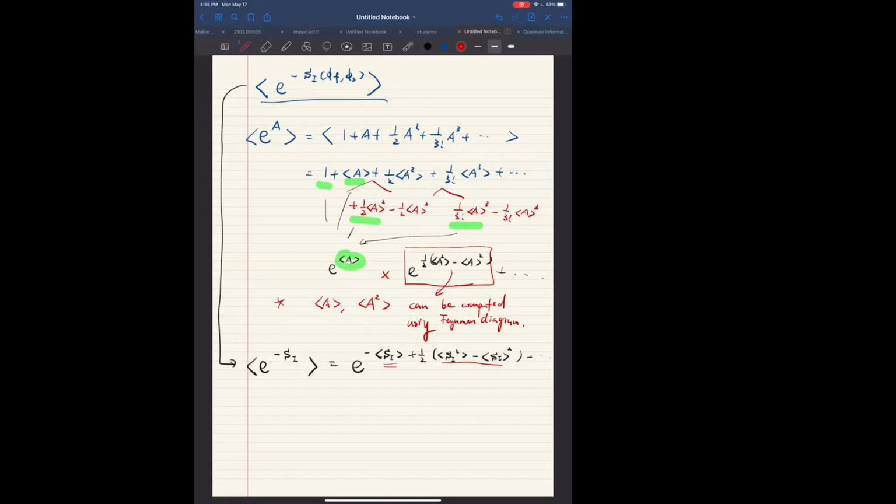So now we are trying to basically compute this one. So let's focus on this one first.